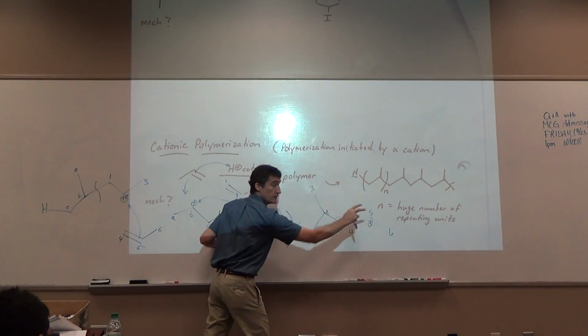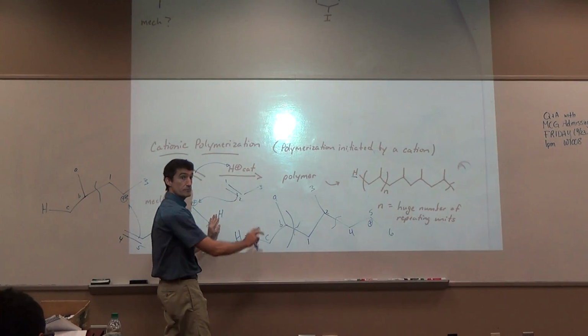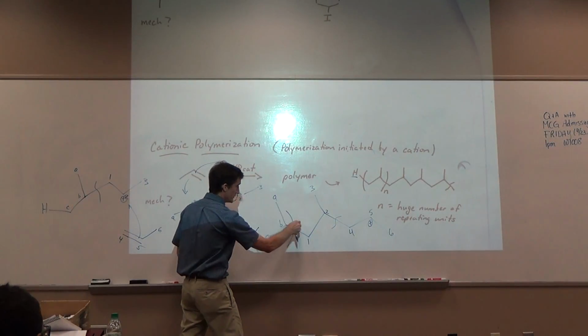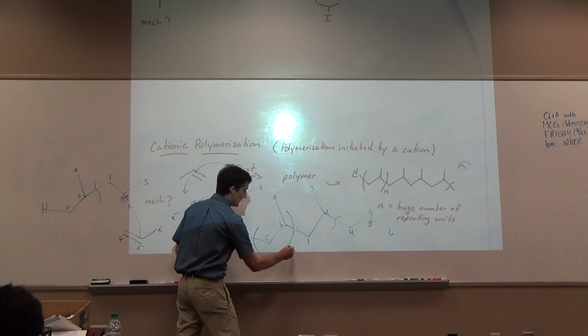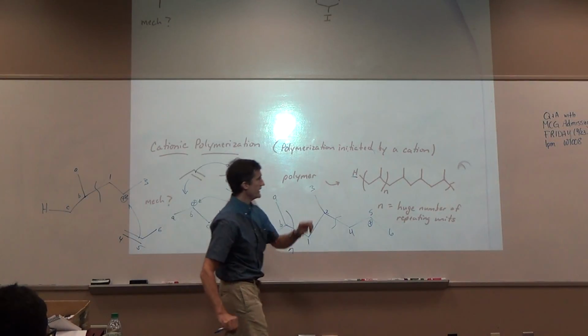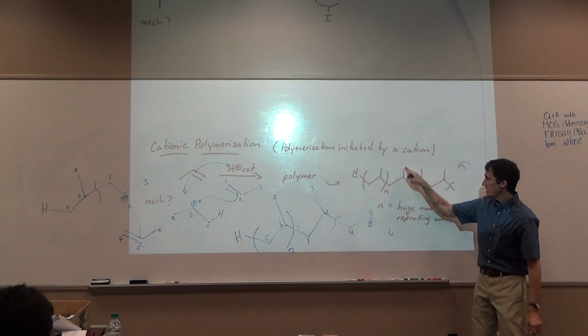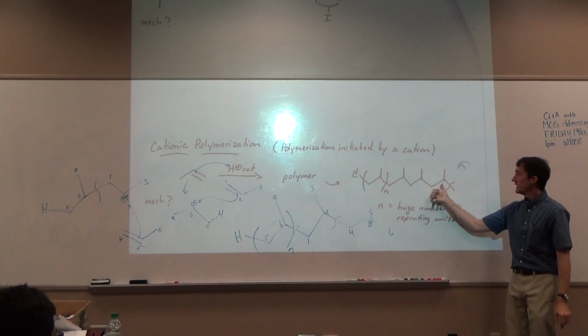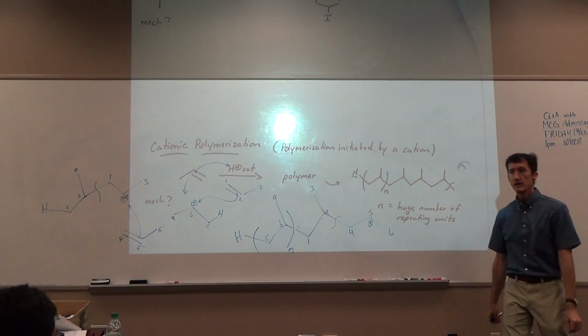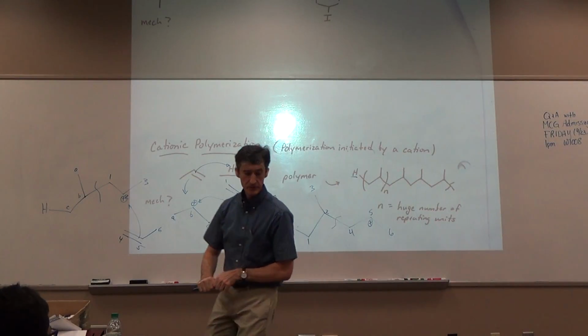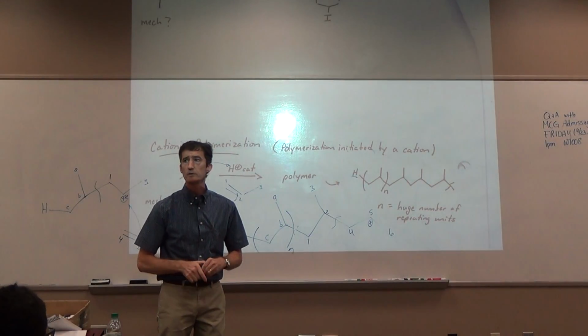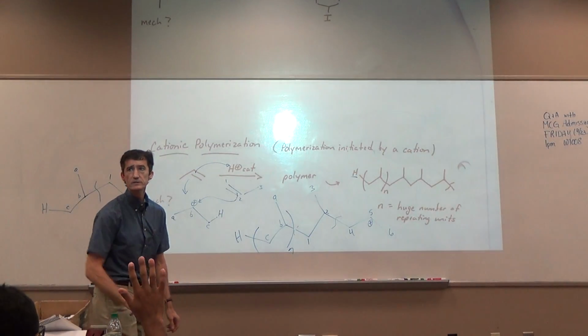That just repeats if you look at it and keep growing it. This just repeats a huge number of times. That's what I've got drawn here. It just keeps on and on and on. Okay? Please look at this and we'll see what type of questions are on Friday about polymerization of alkenes.